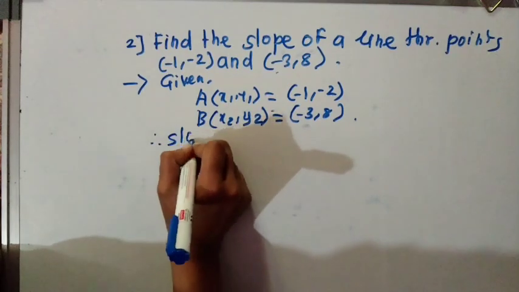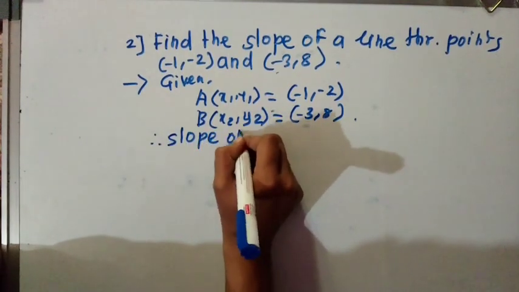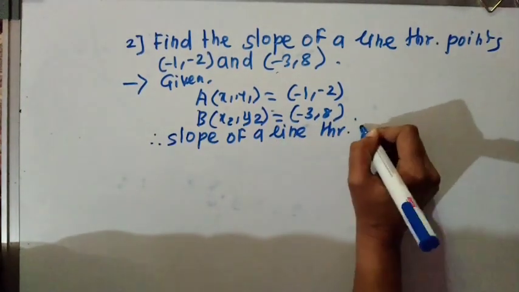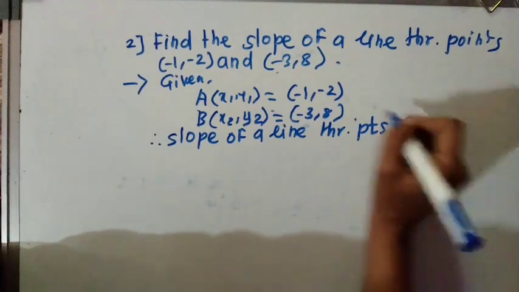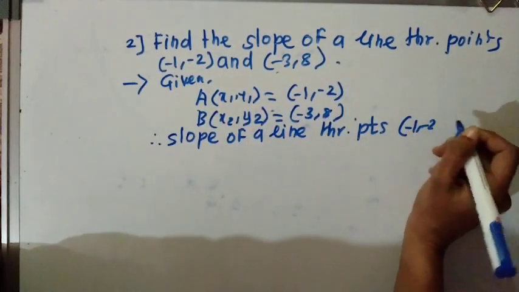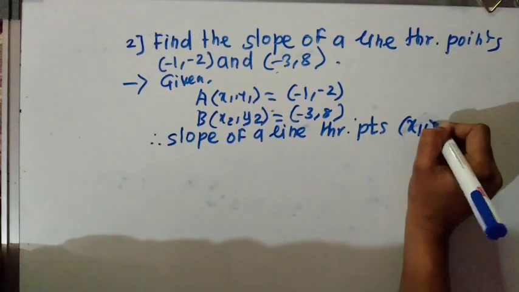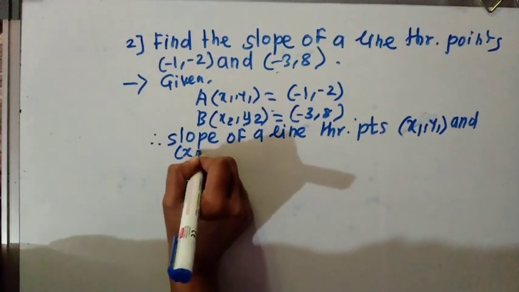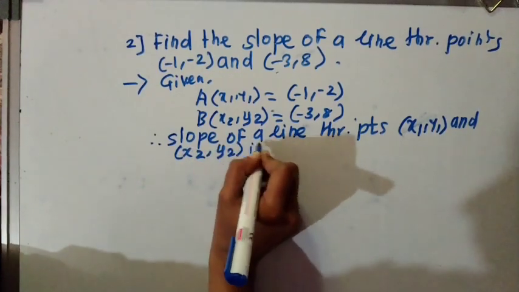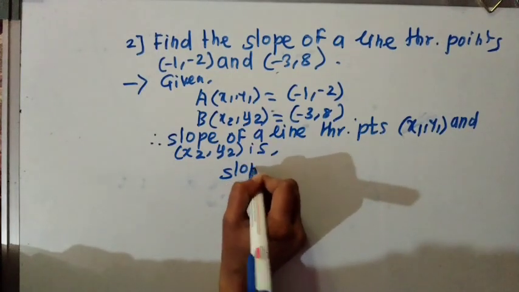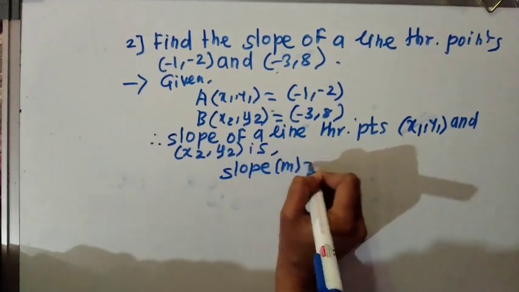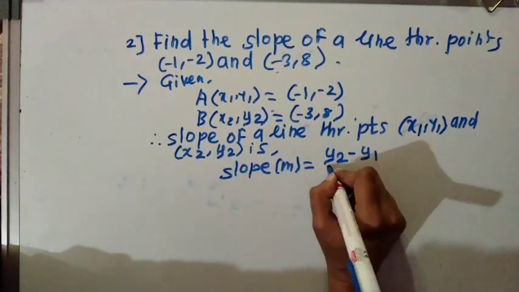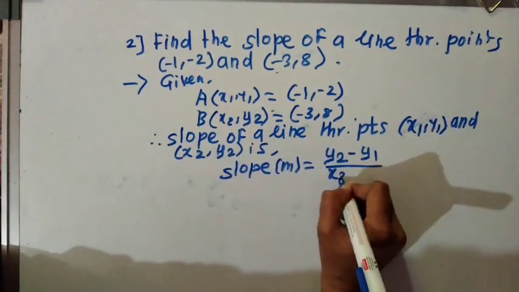Hence we know that the slope of a line passing through points (x1, y1) and (x2, y2) is m is equal to (y2 minus y1) upon (x2 minus x1).